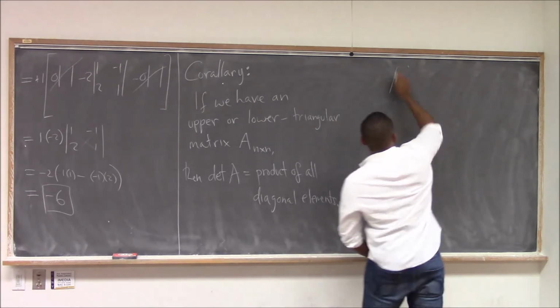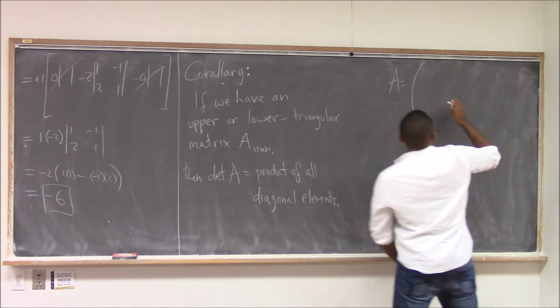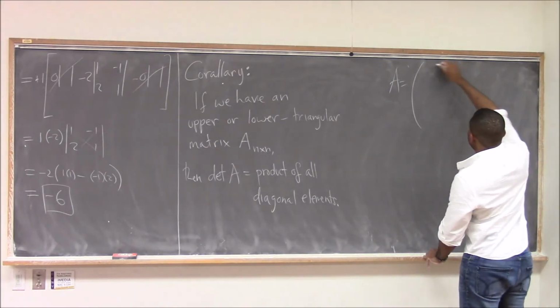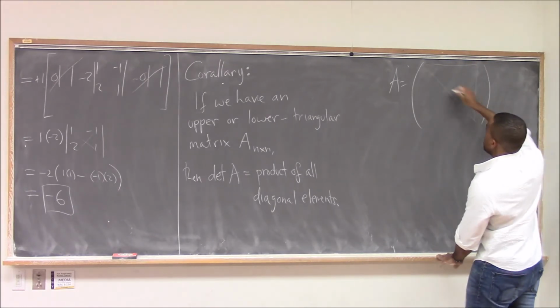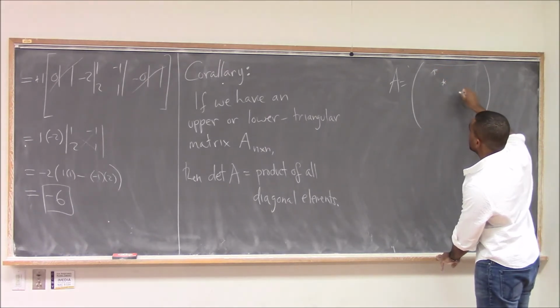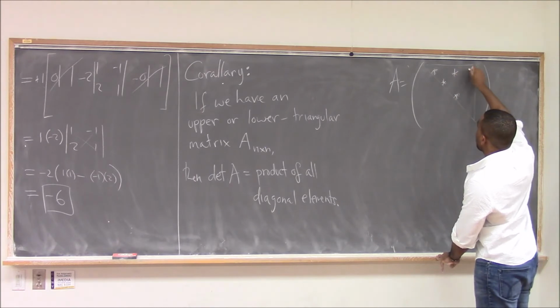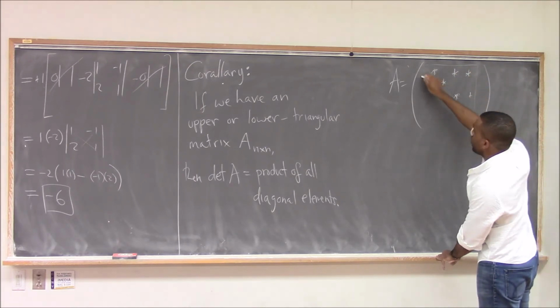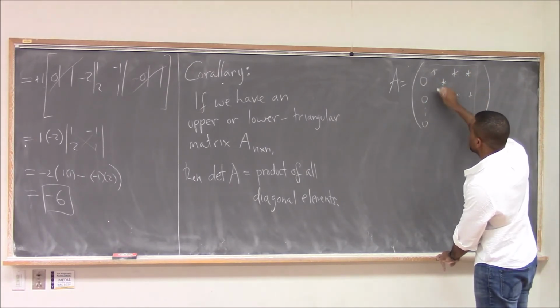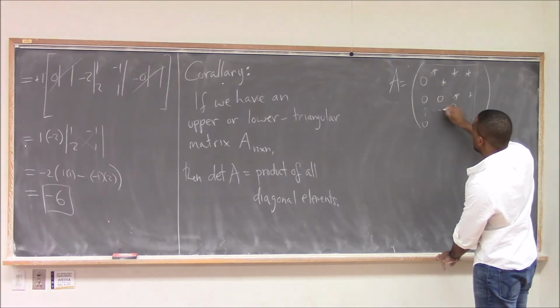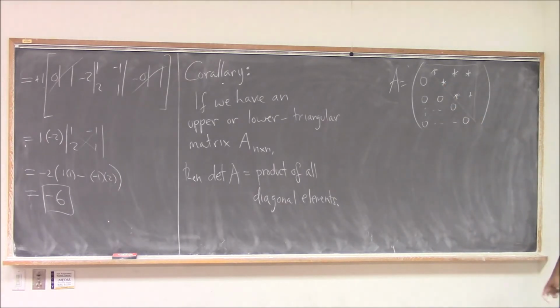So that means if your A looks like this, here's the main diagonal, and you have non-zero numbers up here, but you only have zeros below. It turns out you can find the determinant of such a matrix very easily.